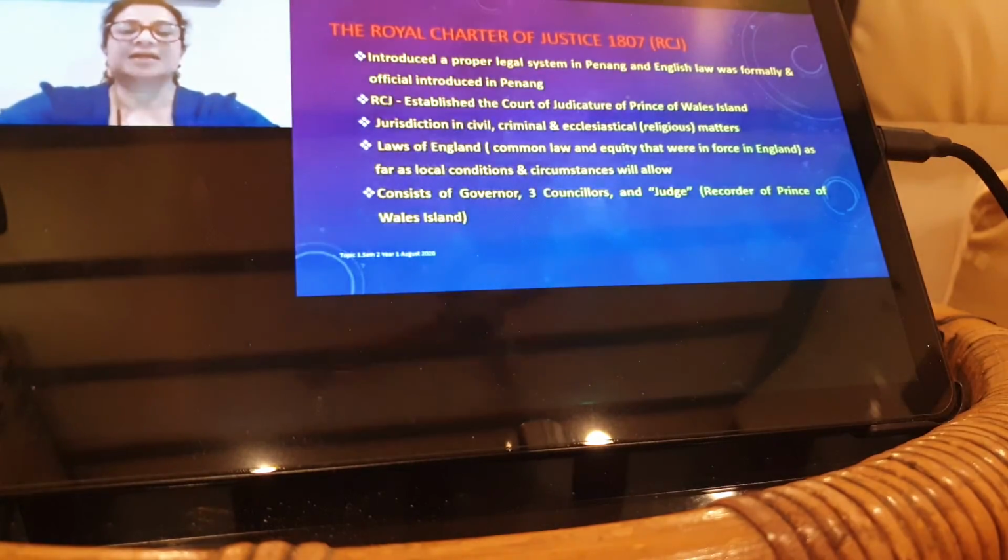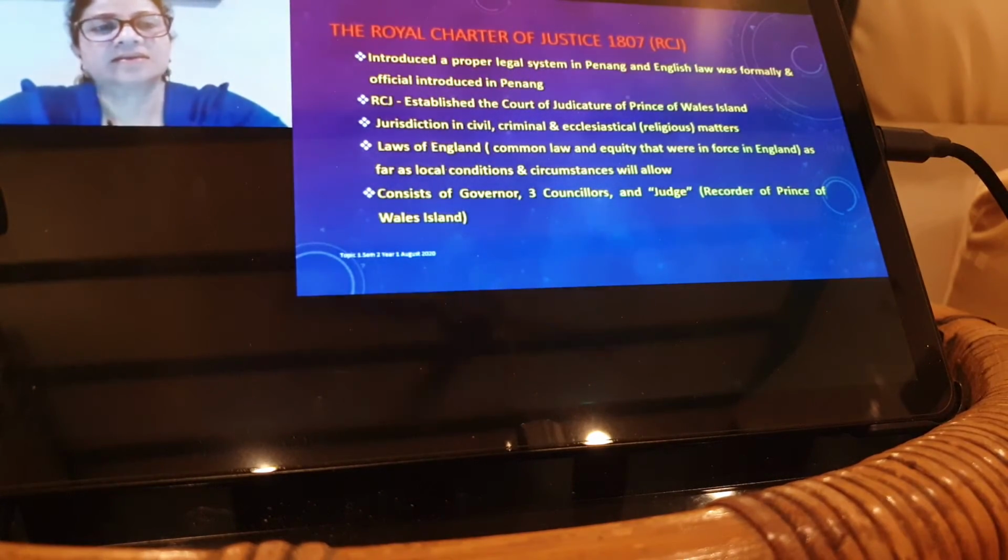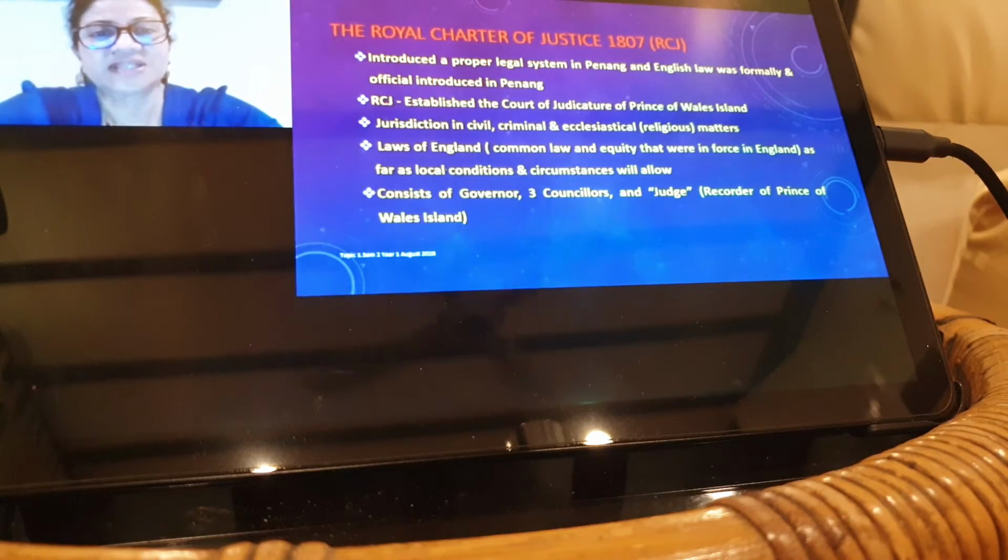So what happens subsequently? As a result of the Royal Charter of Justice 1807, the British introduced a proper legal system in Penang, and the common law of England was formally introduced in Penang.